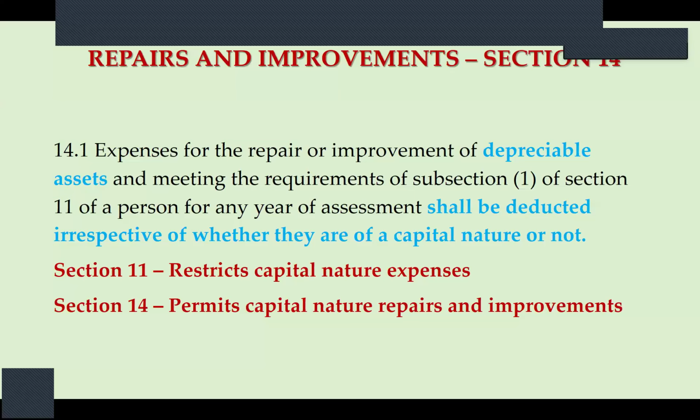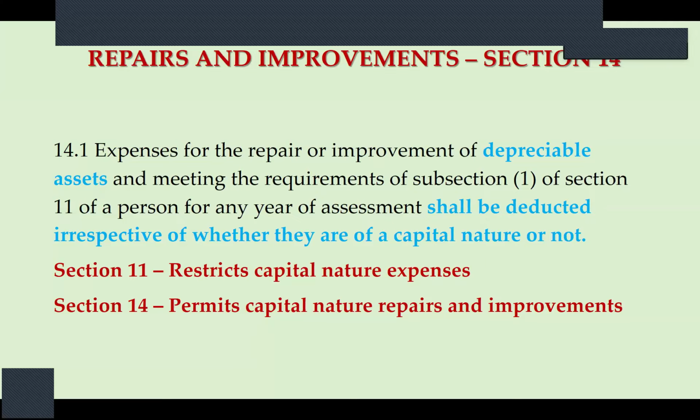But under section 12 or section 14, we can deduct capital nature expenses also. That is why it says shall be deducted irrespective of whether they are of capital nature or not. So section 11 restricts capital nature expenditure, while section 14 permits capital nature repair and improvements. That is the difference between section 11 and section 14.